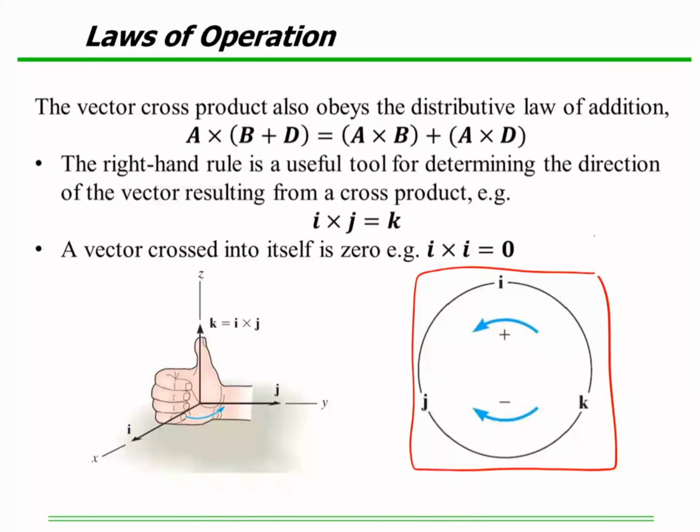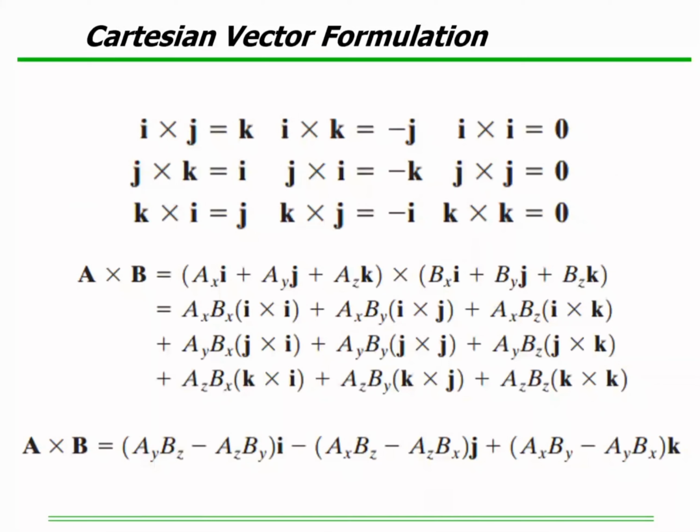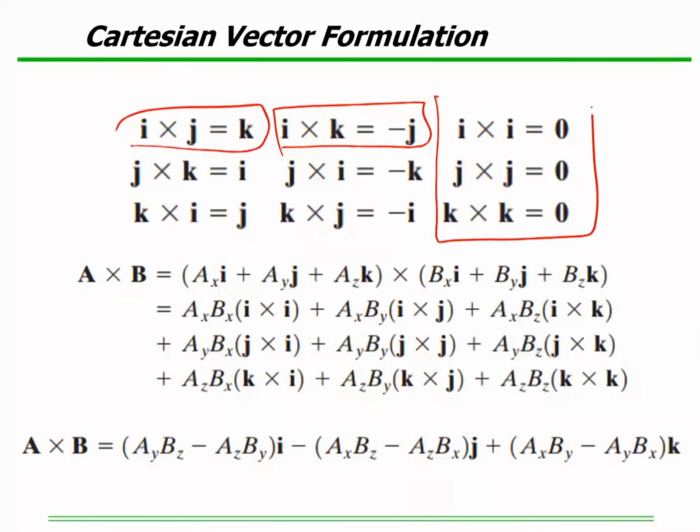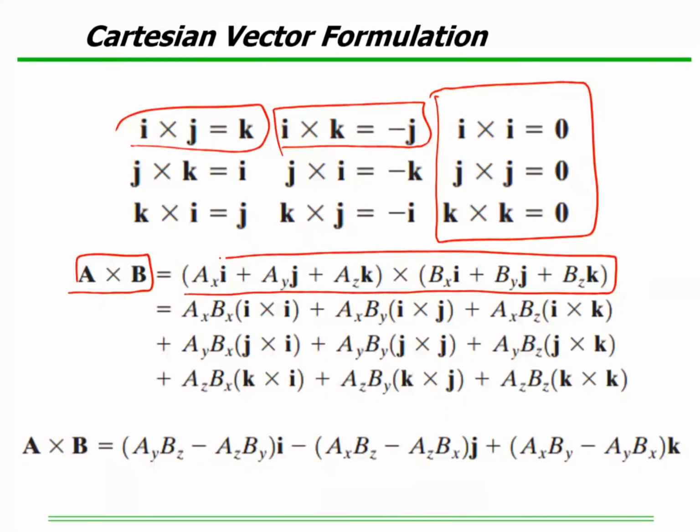Just to summarize, as I said, I cross J is K, I cross K, the opposite, is minus J. And a cross product of a vector with itself is always equal to 0. So if I do A cross B, which is given here, this is basically the expanded version of it, where I omit all those identical ones.